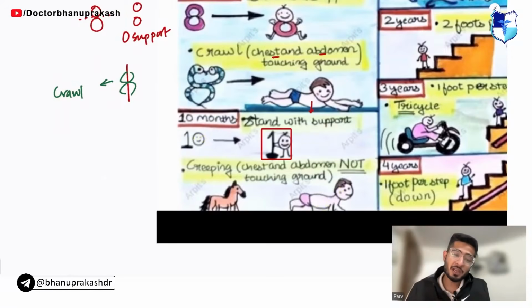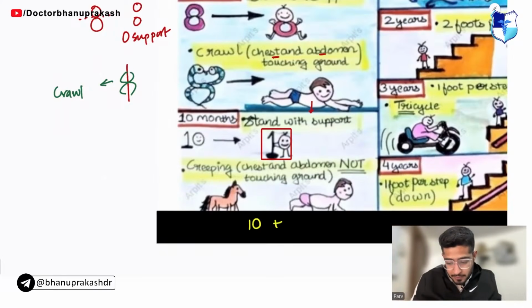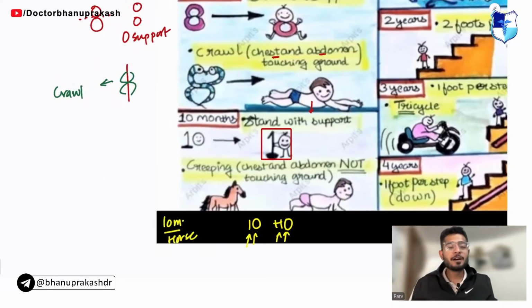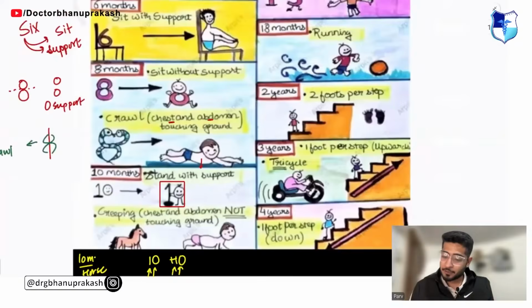Just remember this, very important, you can remember by 10 horses. This is 1, this is 0, this is H, this is O. They look very similar. So 10 months is just like the creeping of the horse. So at 10 months creeping is going to be there.